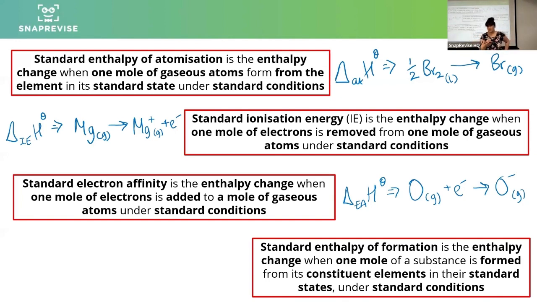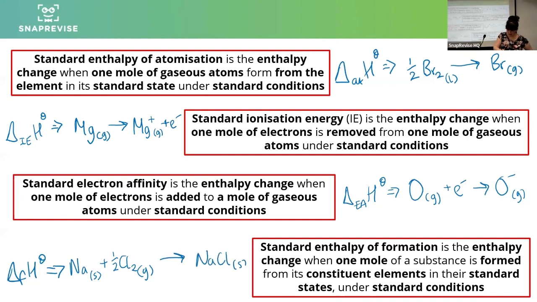So if we talk about, for example, forming sodium chloride, we absolutely can do enthalpy of formation of sodium chloride, but what's it coming from to go to? If we're doing formation of sodium chloride, it's got to come from its constituent elements in their standard states under standard conditions, which is sodium metal as a solid and half a mole of chlorine molecules in the gaseous state, and it's going to form NaCl solid.